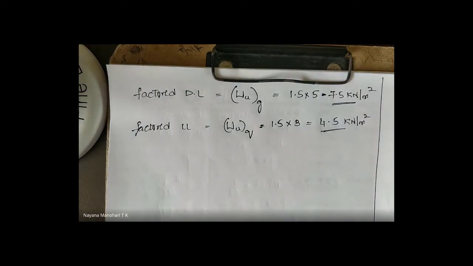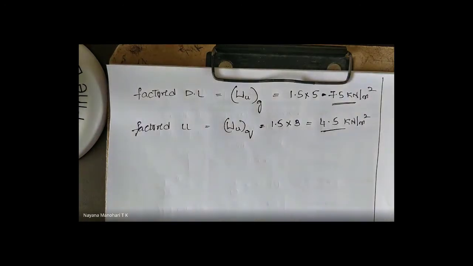Next, in case of one-way continuous slab, in order to calculate the design bending moment as well as the shear force, as per IS 456, the bending moment coefficients as well as shear coefficients are available on page number 36, table 12 as well as 13.